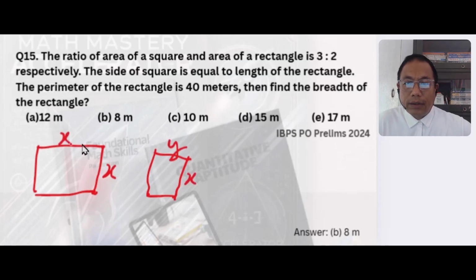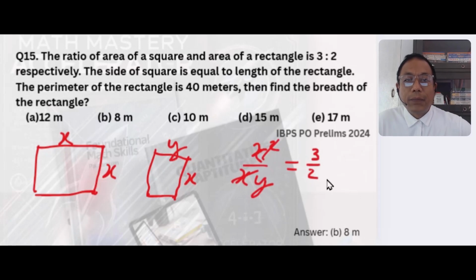Area of square is x square, by length into breadth, x into y, is equal to 3 by 2. X cancel, we have x by y is 3 by 2.